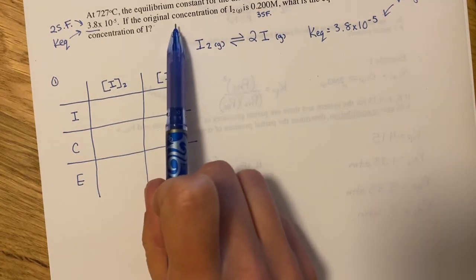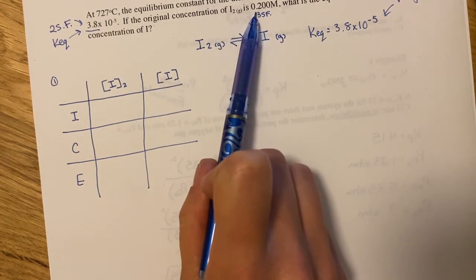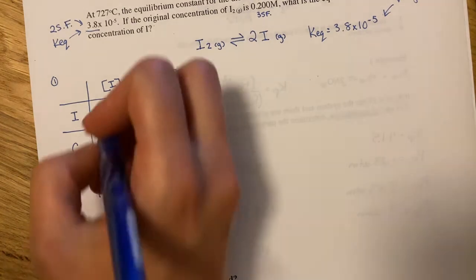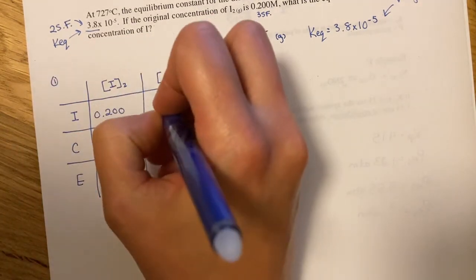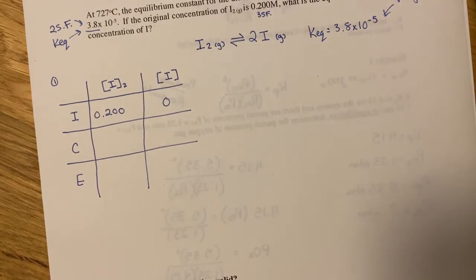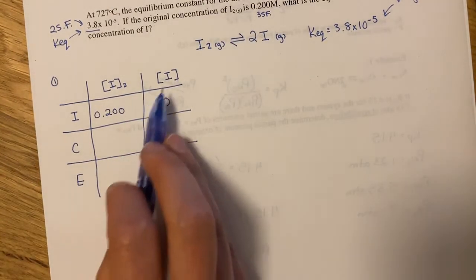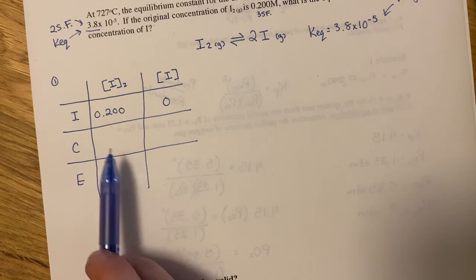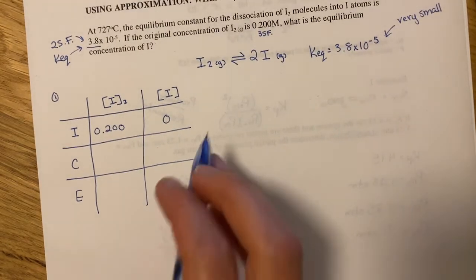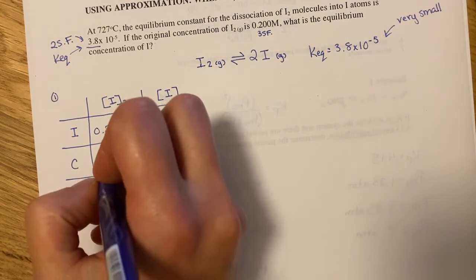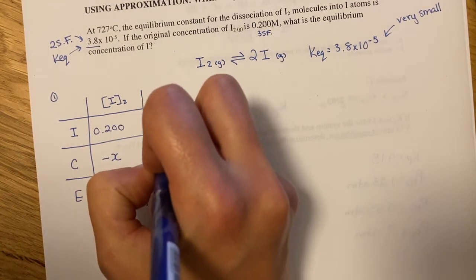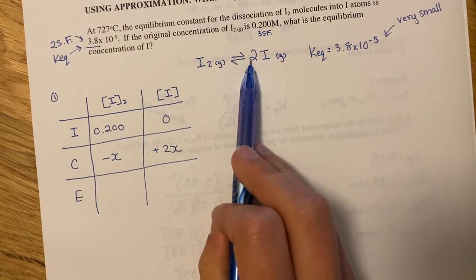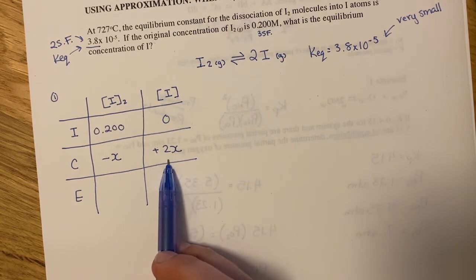Okay, it says in our question here that we're starting off with 0.2 moles per liter of the iodine gas. So our initial concentration is 0.200, and we're starting off with no I atoms. Okay, our change line here is a 1:2 ratio. So minus x of our reactant and plus 2x for our product from the 2 there.